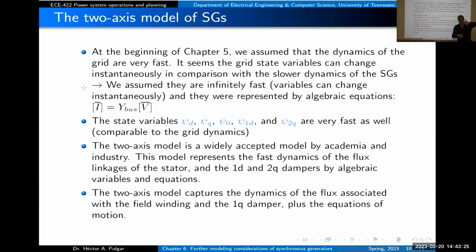This combined model will have differential equations, state variables, and algebraic equations and algebraic variables. That's going to be the standard model. How we arrive at that in detail, we cannot cover in this course, but at least you have an idea. You have a motivation for where this comes from and why.